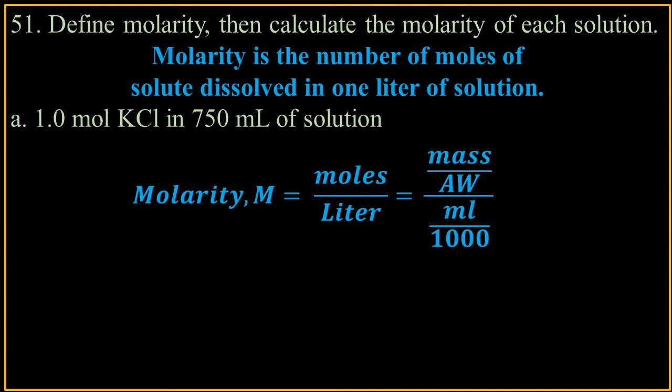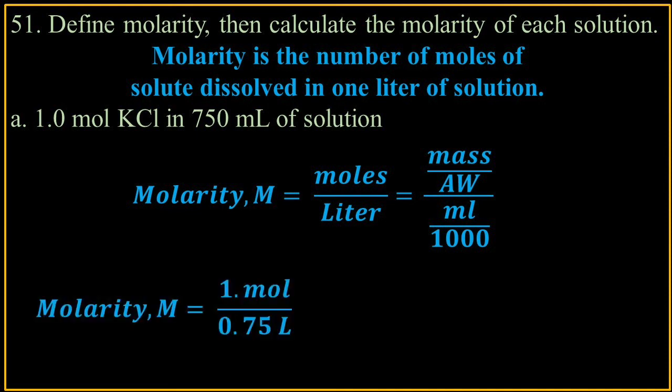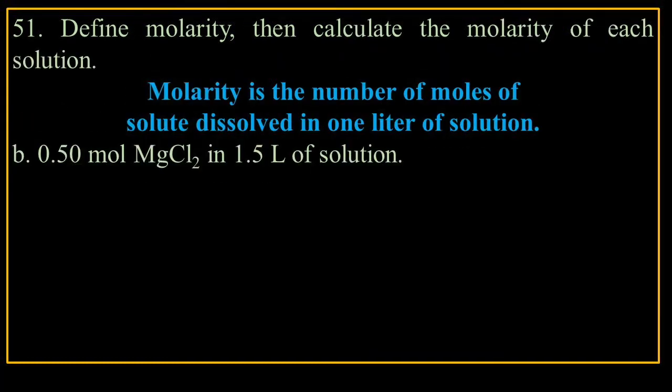So it's 1 divided by 0.75, and you should be able to do that one quite readily in your head. So it'd be 4/3, so it'd be 1 1/3, and that's exactly what it is, 1.33 molar.